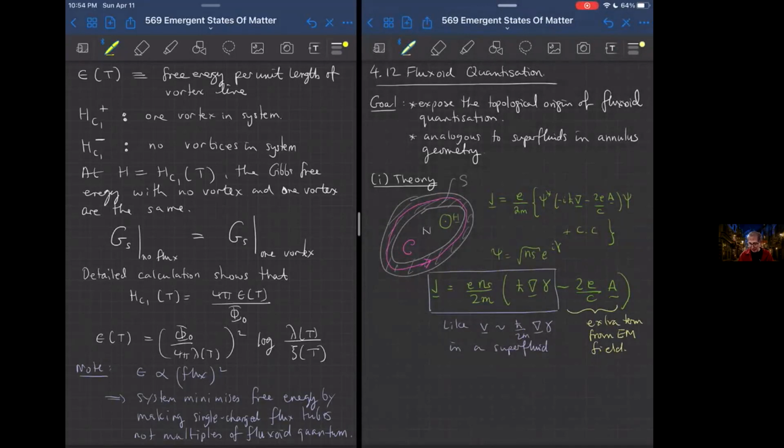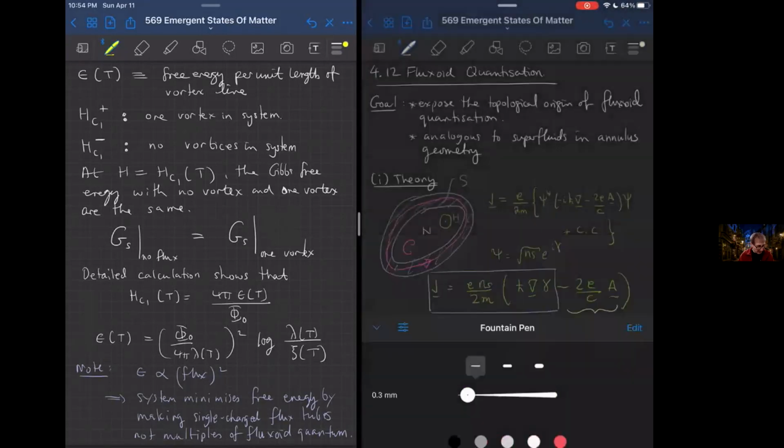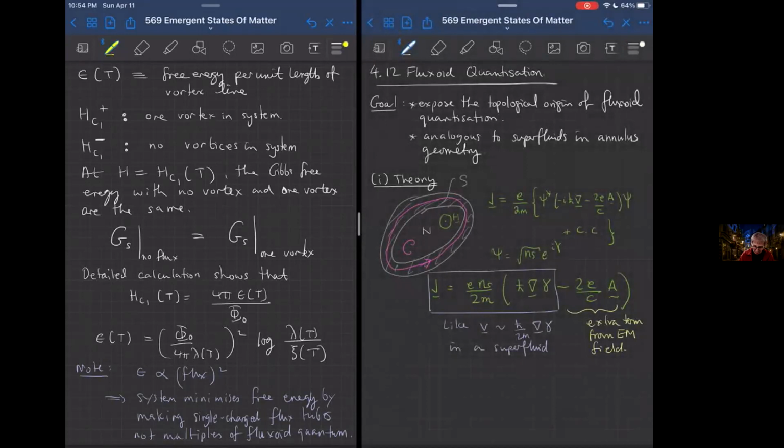So we're going to do the same kind of trick that we did before. We're going to consider this formula and integrate it around the curve. So let's now integrate around the curve C, just like we did in the superfluid case in order to get the circulation.